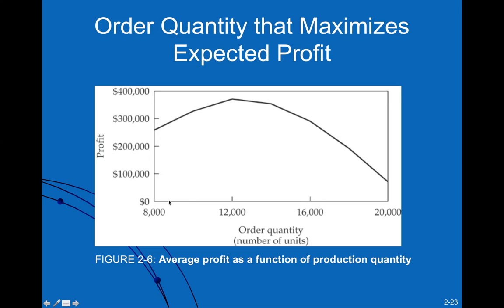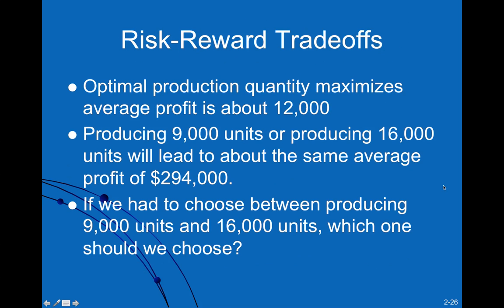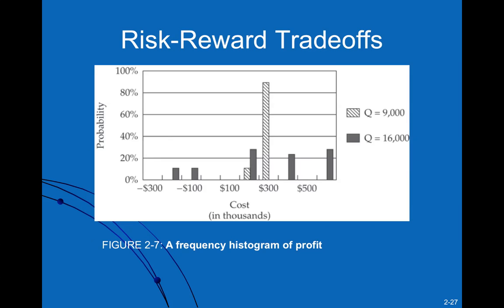So the question is, which should you make? Should you order the 9,000 units, or should you order the 16,000 units, even though the expected profit is the same? What are some of the risks associated with those? This is what this section talks about. You could take each decision and look at what happens to the revenues.